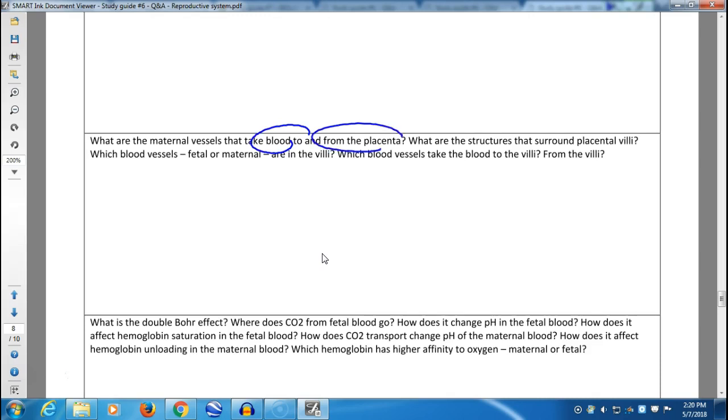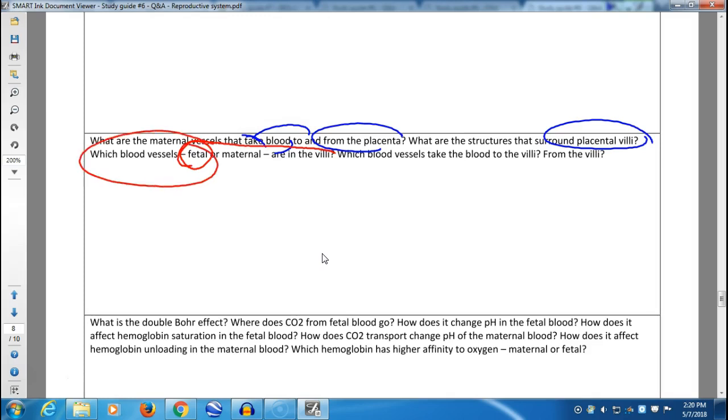There are sinuses around placental villi. Those sinuses are maternal. In the villi, they are fetal.